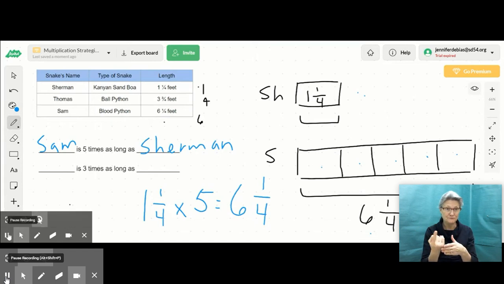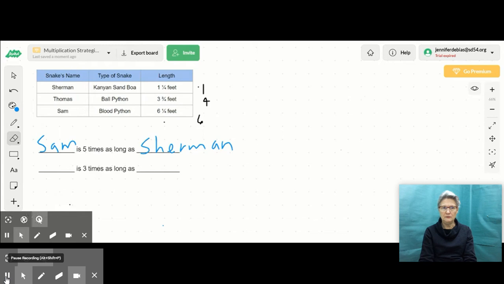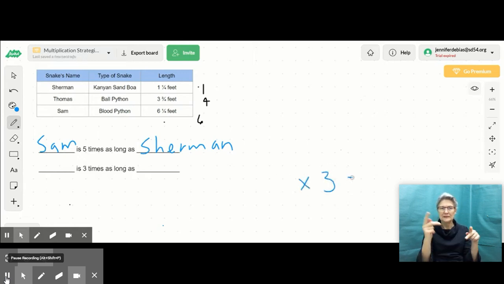I'm going to pause so I can clear my board, and we're going to give the second one a try. Okay, so in our next one, we're doing one of the snakes times 3 equals the length of another snake. So looking at these numbers, what makes sense? 1 1/4 feet times 3 3/4 feet.